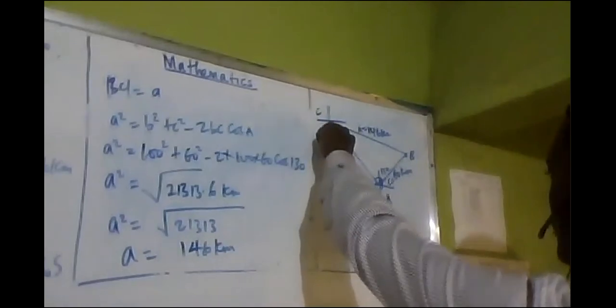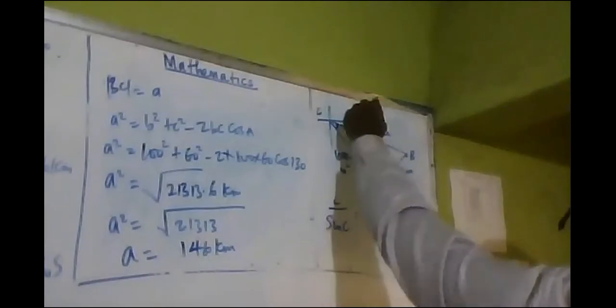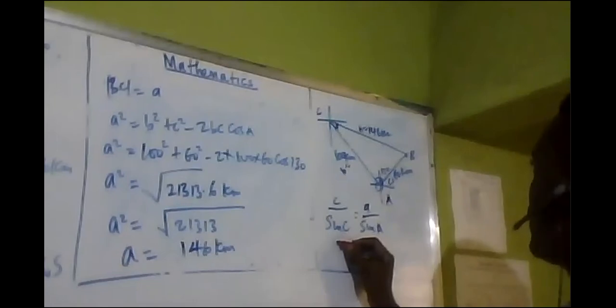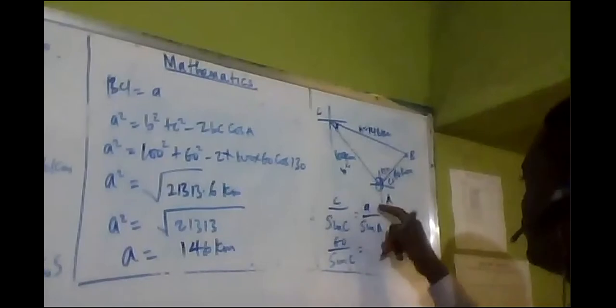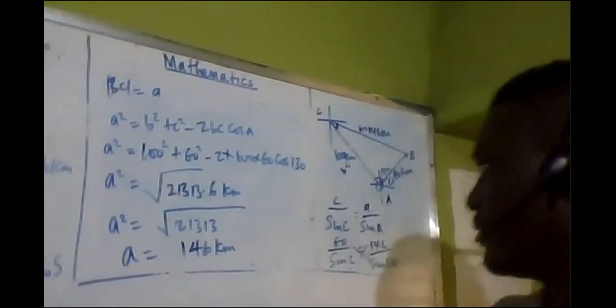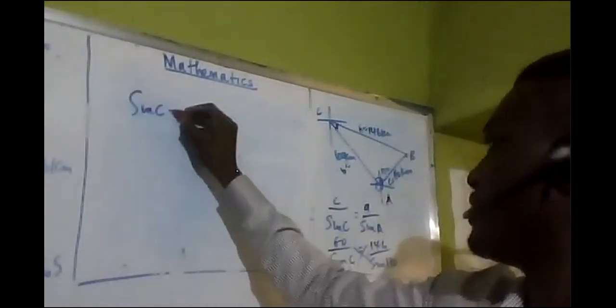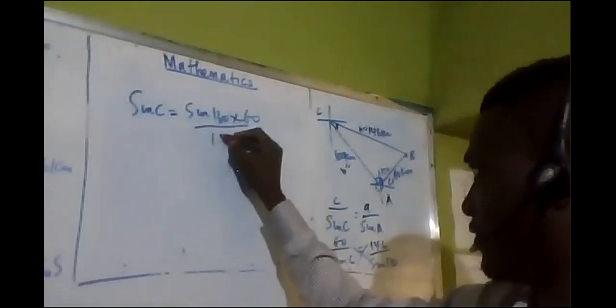So small c over sine C, which we are looking for, equals small a over sine A. That gives us 60 over sine C equals 146 over sine 130. If you make sine C the subject of the formula, sine C gives us sine 130 times 60 over 146.